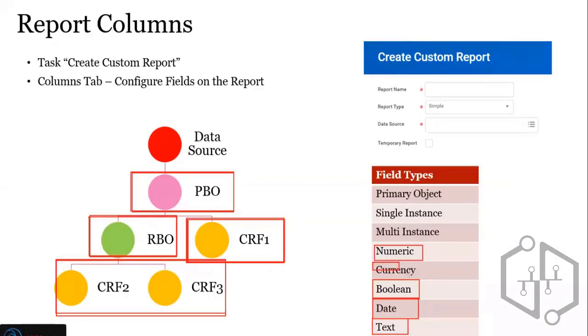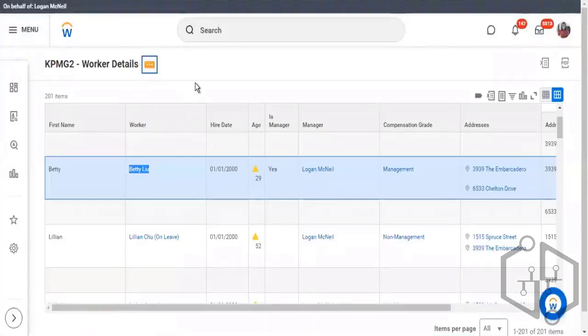Now we also have currency fields. Now currency fields are also numeric, but these currency fields have an additional component to it. So currency fields are similar to numeric fields, but in addition to the numeric value, a currency field also has the currency code.